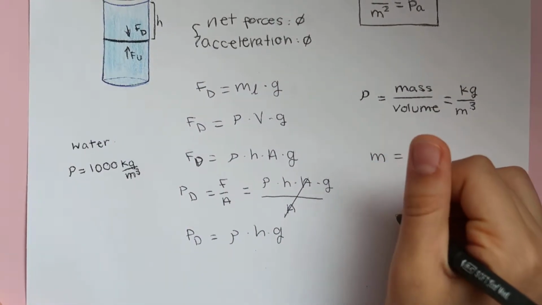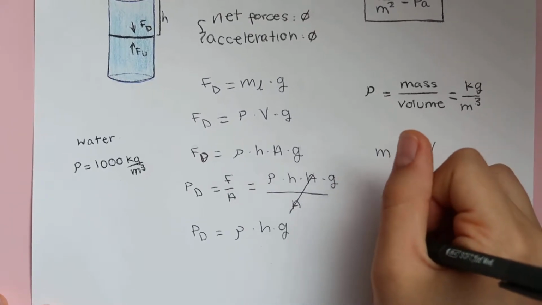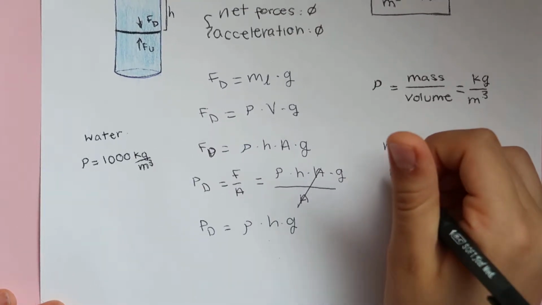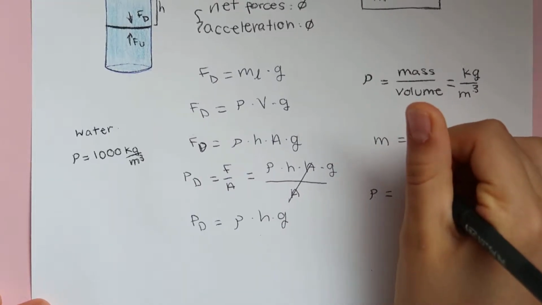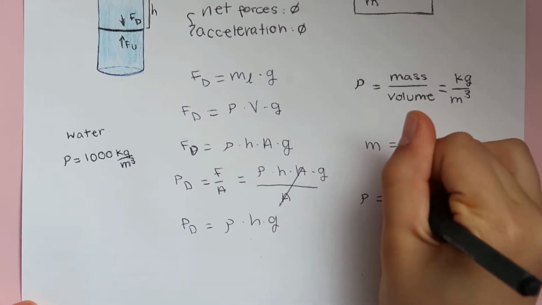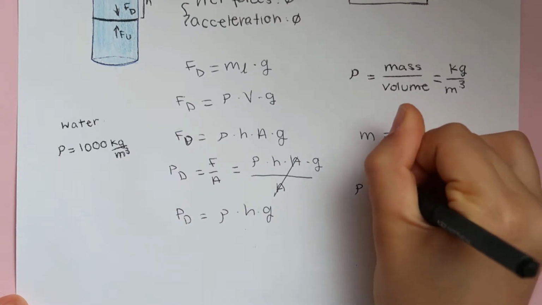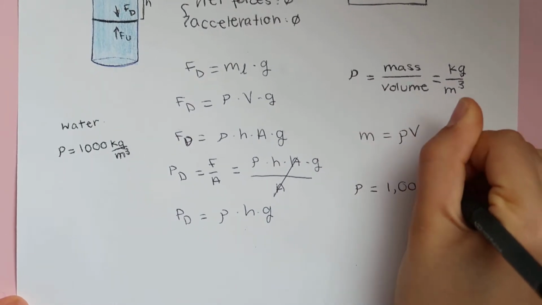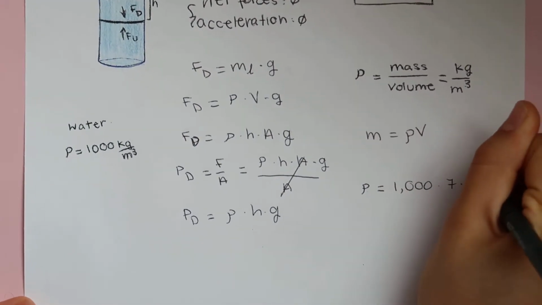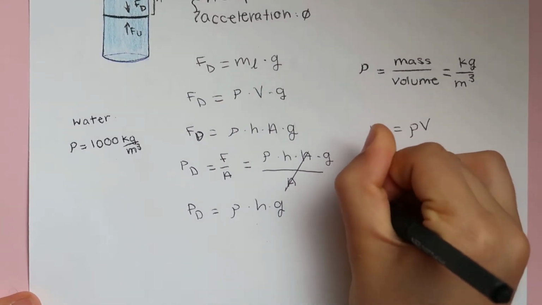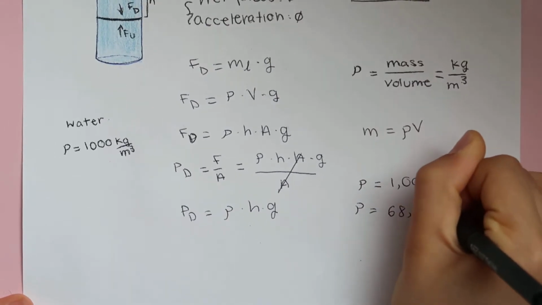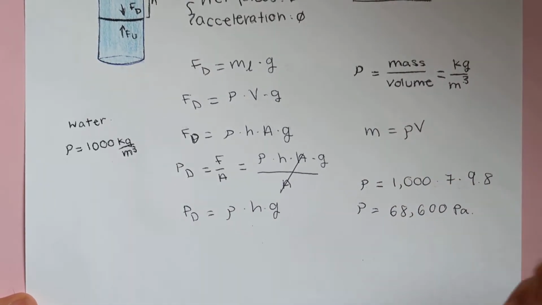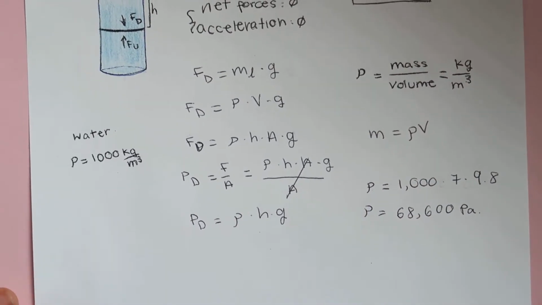So if you dive to the bottom of a pool that is 7 meters deep, the pressure you would feel would be 1,000 times 7 times 9.8, which is equal to 68,600 pascals, and that is how you find pressure at a depth in a fluid.